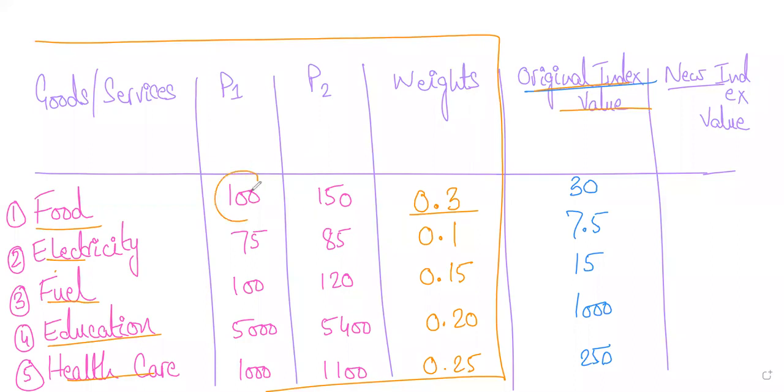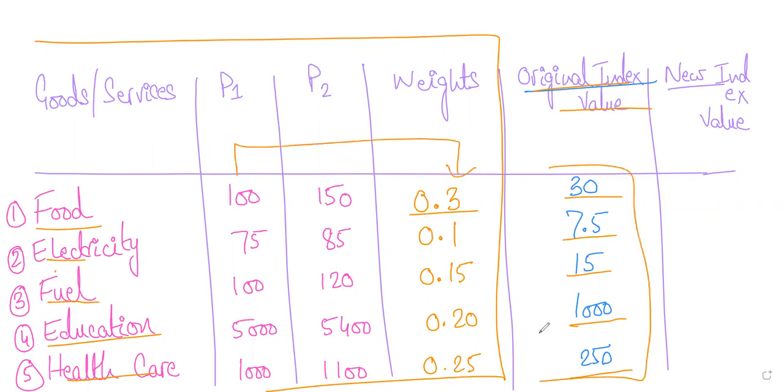What we did simply was original price times its respective weights. Similarly, the price of electricity at the starting time period multiplied by its respective weights, and so on and so forth, right? And whatever the value we are getting, we're just writing that down in this column. You'll see in a bit, right? Does it make sense? So we just multiplied the original price with the respective weights to get this column.